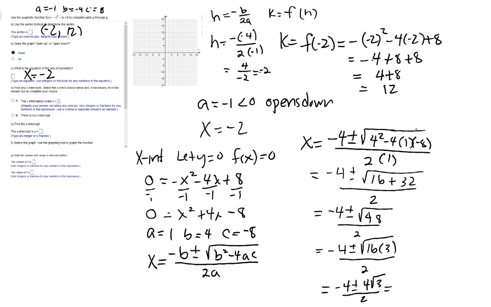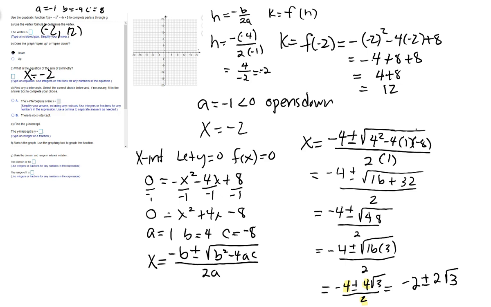And then I want to reduce. These three terms have a common factor of 2, so I'm going to divide 2 into each one of them. And that would give me negative 2 plus or minus 2 square root of 3.